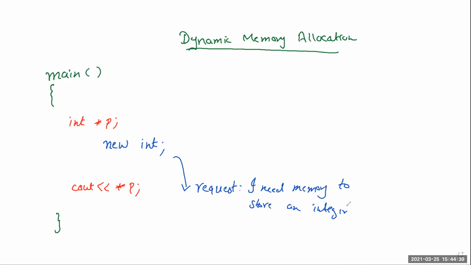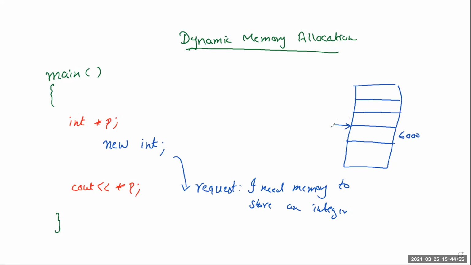And we know an integer takes 4 bytes. So what will happen is, somewhere in the memory, the program accepting your request will reserve 4 bytes for you. Suppose these 4 bytes are reserved, and the address is, say, 6,000. Now there is no variable name associated with this location like A or X. 4 bytes are reserved for you.